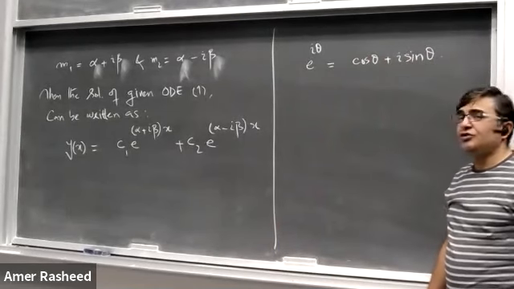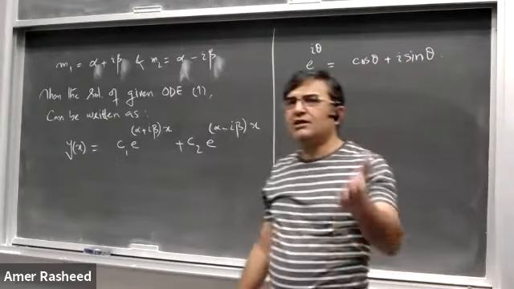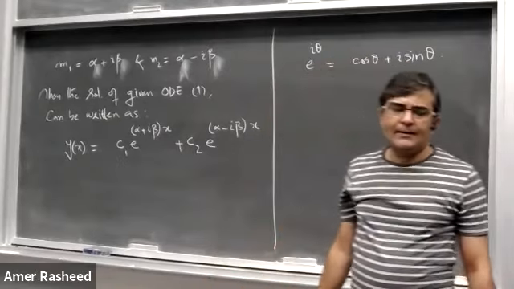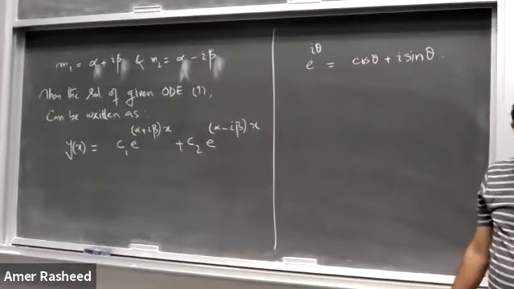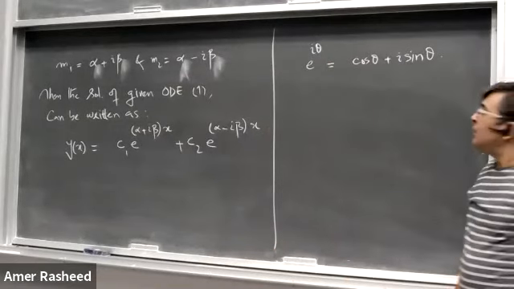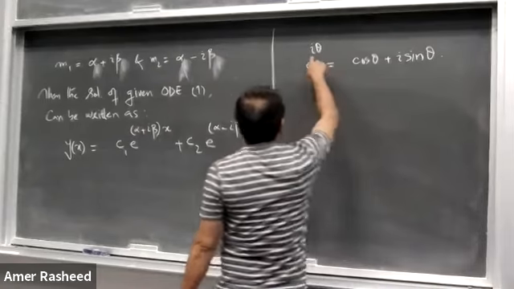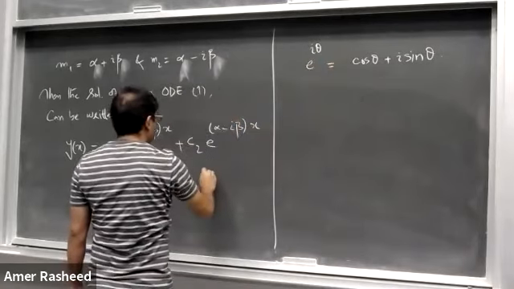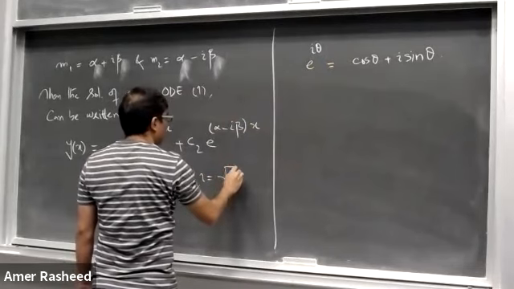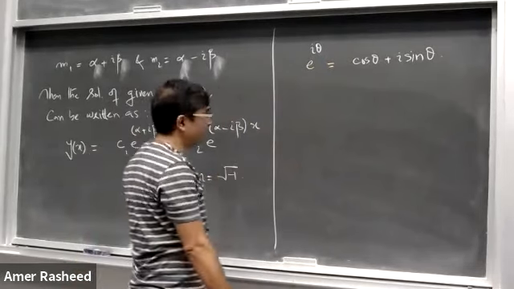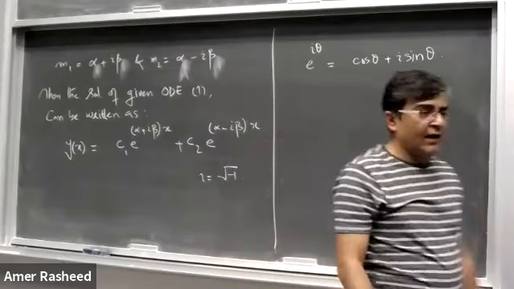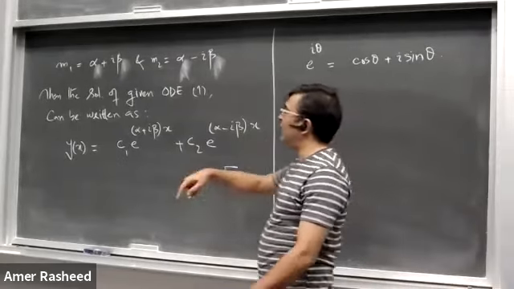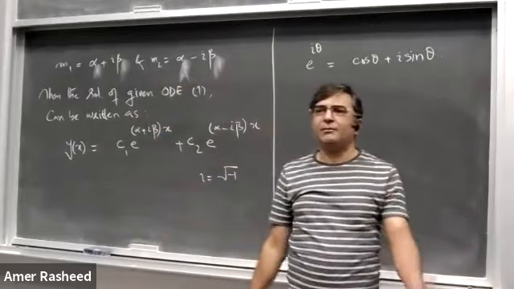Basically, we use it when we convert Cartesian coordinates into polar coordinates. I hope you know it already. Here iota is the square root of minus 1, and wherever iota appears, the number is a complex number.